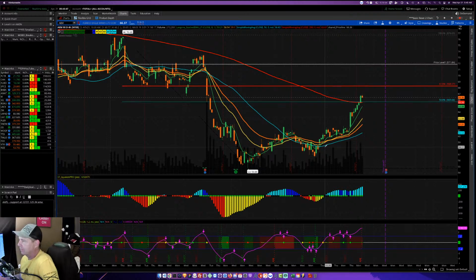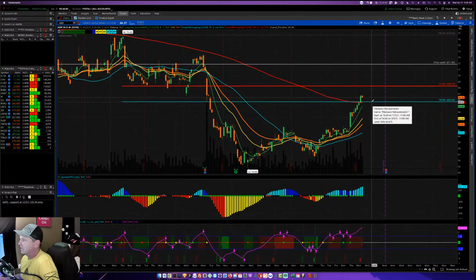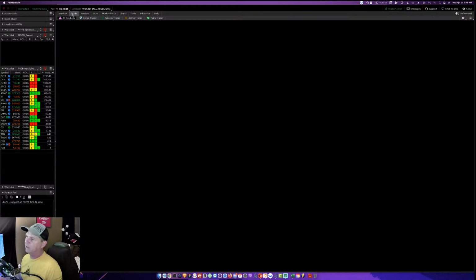So, AEM, lots of upward momentum. We've got a bullish sentiment. We've got the algo is buying. I'd like the stock to come back down and test the 65, 68 level for the next move upward. My target's going to be 71.